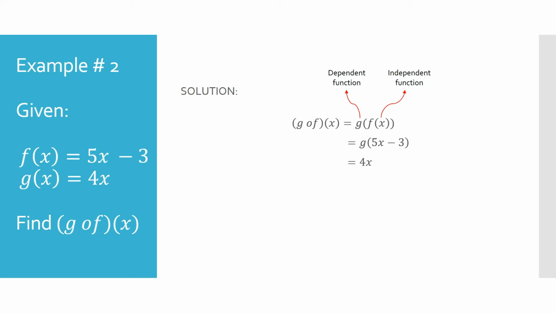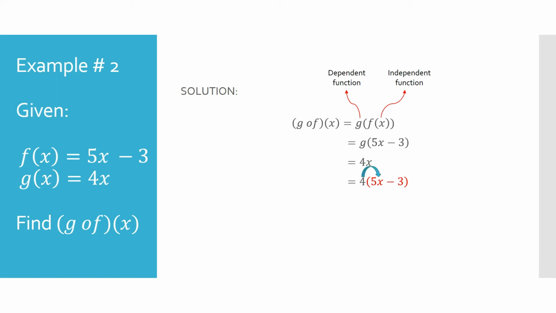Next, our g of x is 4x, so that is why we have here 4x. Now, let's replace or substitute x with our f of x, which is 5x minus 3. So we copy 4 and then replace x with 5x minus 3.